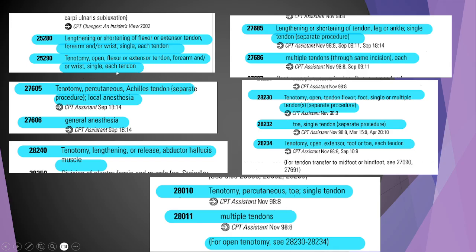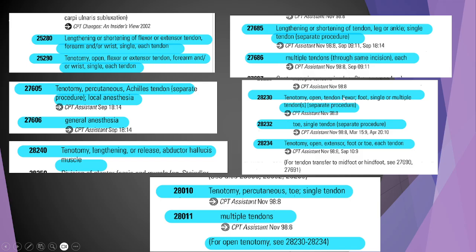Here is tenotomy of the Achilles tendon, that is tenotomy, percutaneous, Achilles tendon, separate procedure, local anesthesia and general anesthesia, 27605, 27606. Tenotomy, lengthening, release, abductor hallucis muscle, that is 28240. And here is lengthening and shortening of the leg and ankle, that is 27685. And for multiple tendons through the same incision, each, that is 27686.